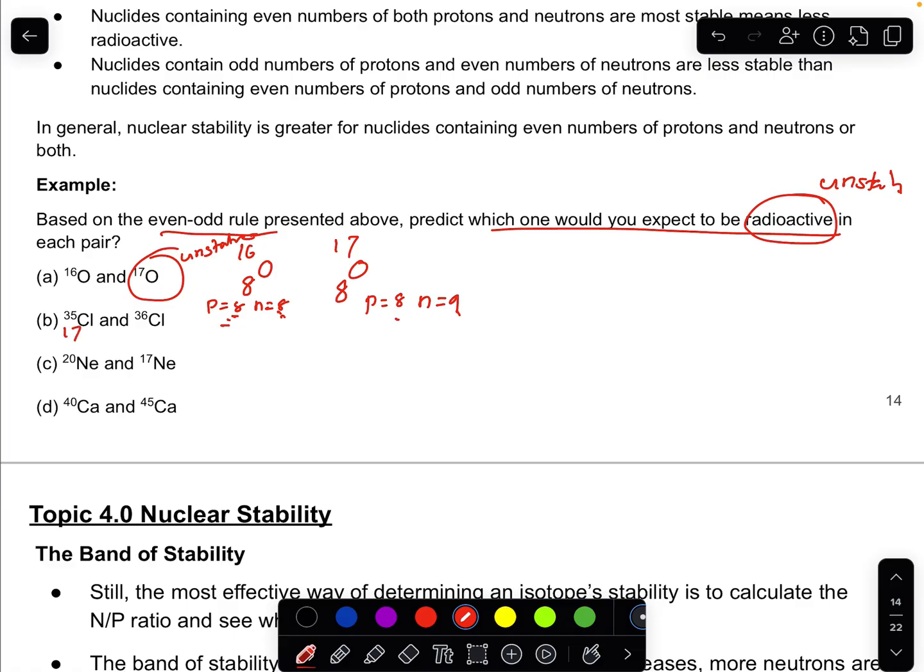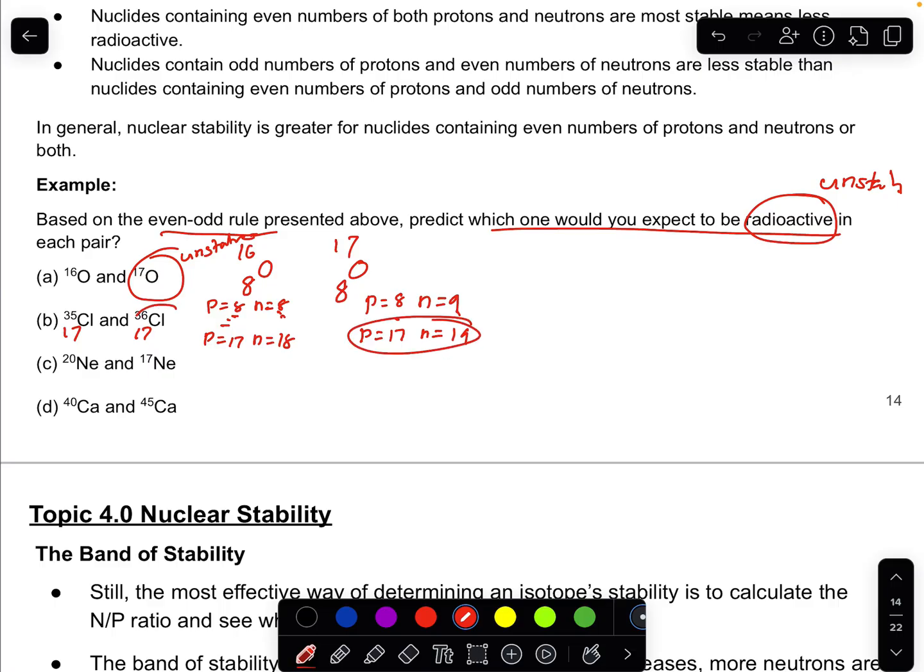Second one, chlorine-35 and chlorine-36. For the first one, protons are 17 and neutrons 18, right? And the second one, protons again 17 and neutrons are 19.